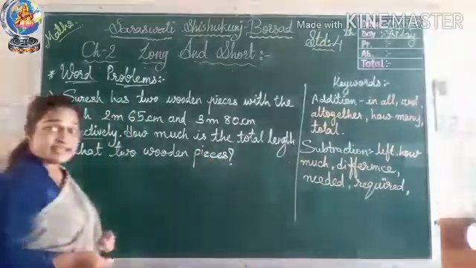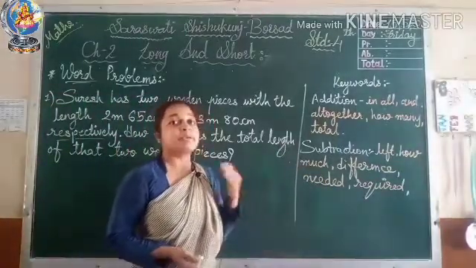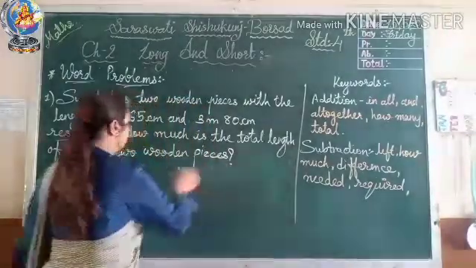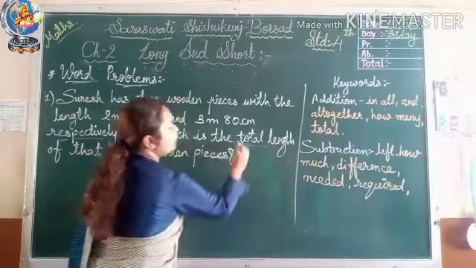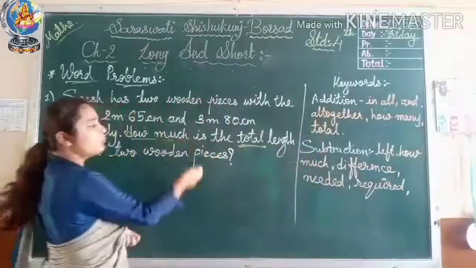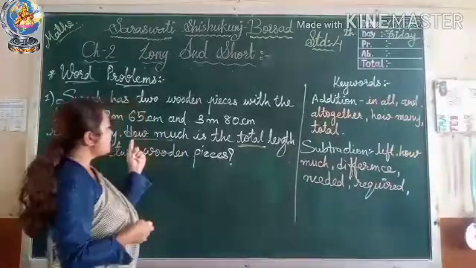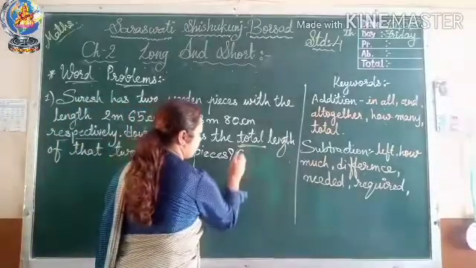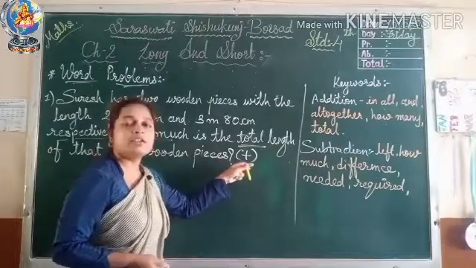As I said, you can find the how much word in additions also, but with that another keyword of addition is given. So the keywords here are how much and total. Total is the main keyword. How much is given in both, so when only how much is given, it is subtraction. You can write a plus sign here, which will make it easy for you to do your addition sum.